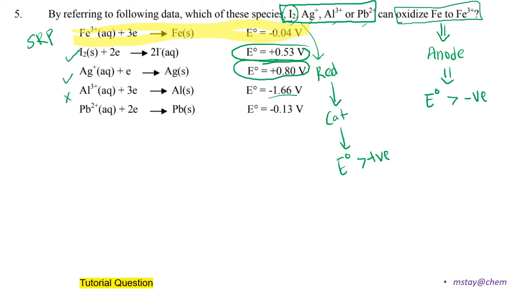And then Pb2 plus is also negative 0.13 volt, which is also more negative than negative 0.04, so Pb2 plus also cannot oxidize Fe to Fe3 plus. In simple words, in this case, only 2 species can oxidize Fe, which are iodine and silver plus.